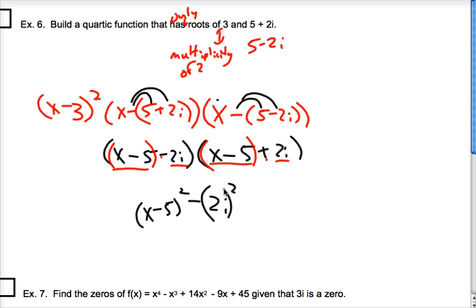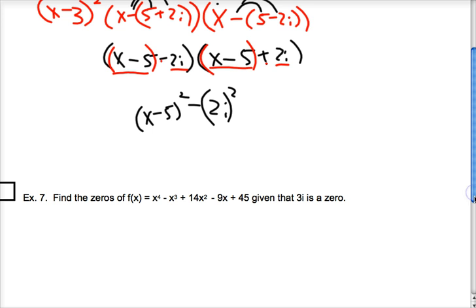A squared minus b squared. Well, what does that turn into? Square dance this. I get x squared minus 10x plus 25. First one squared, twice the product, last one squared. And then I get minus 4i squared, which is plus 4.